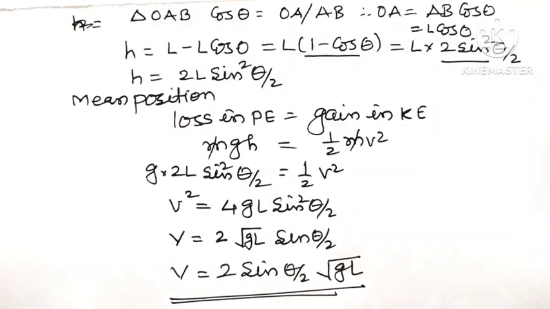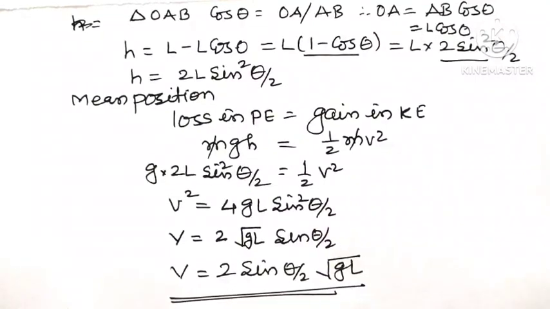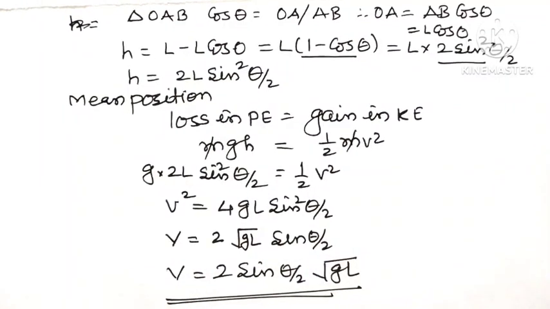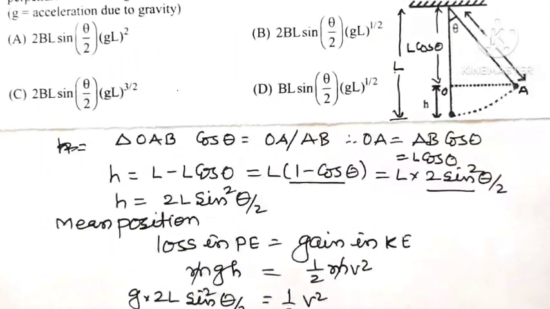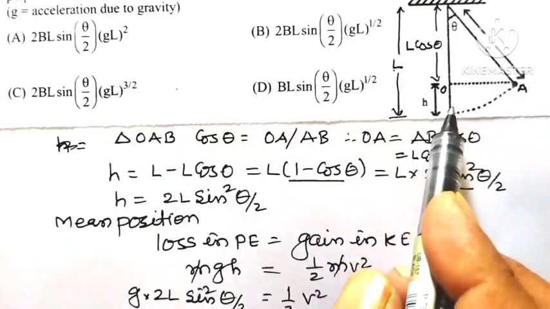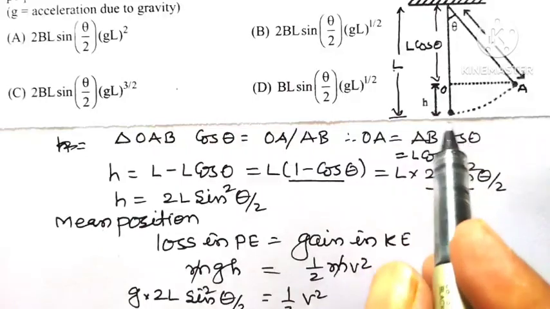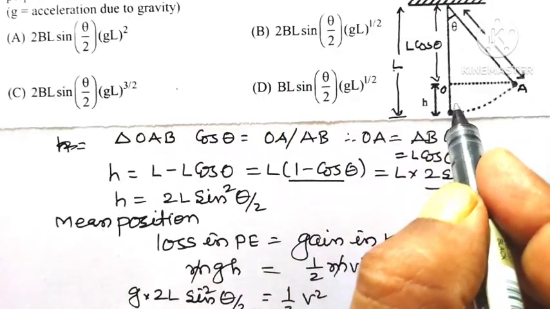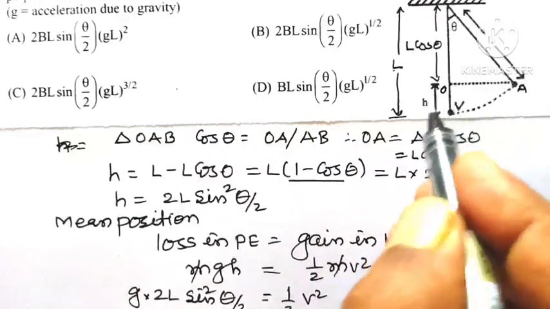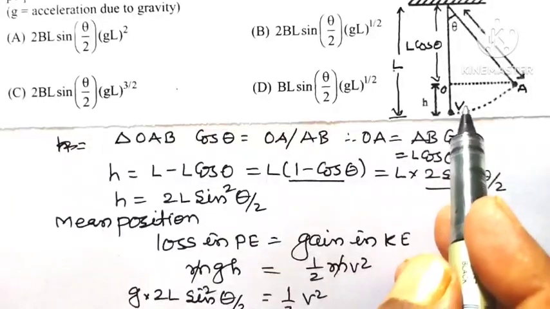Now we have calculated the velocity. This is the velocity of the end of the string to which the bob is tied, which is v.